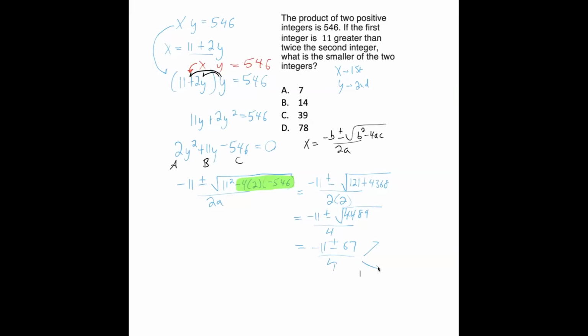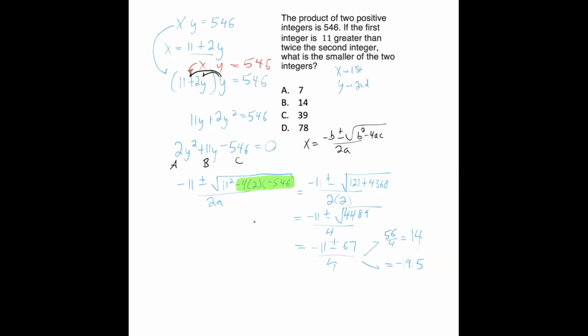So if we play the positive 67, negative 11 plus 67 over 4 is 56 over 4, which is 14. And negative 11 minus 67 is going to be negative 78 over 4, which is negative 19.5.